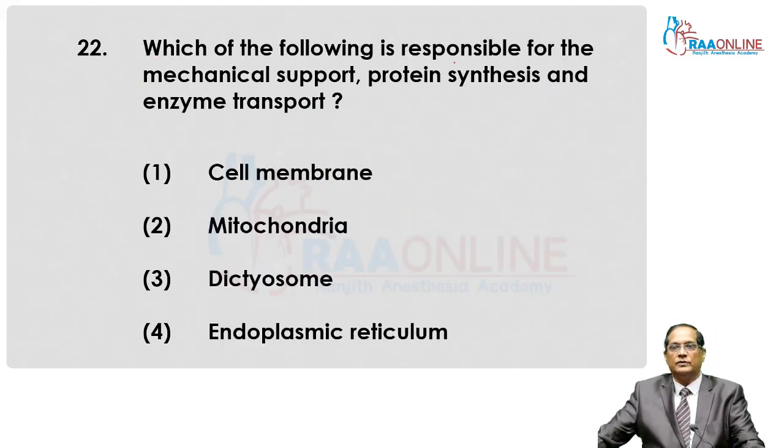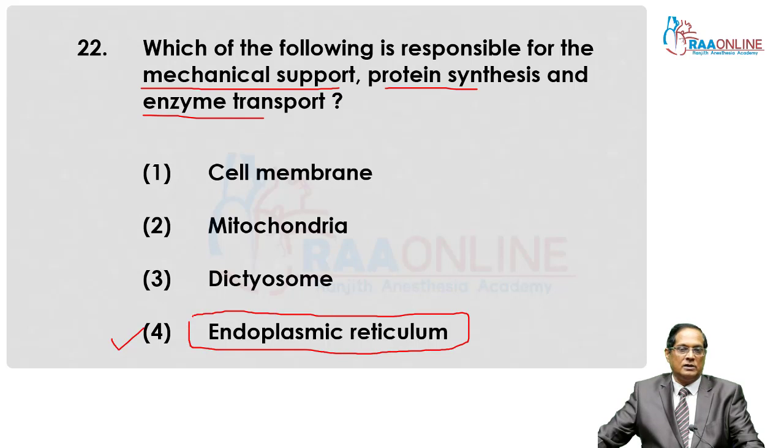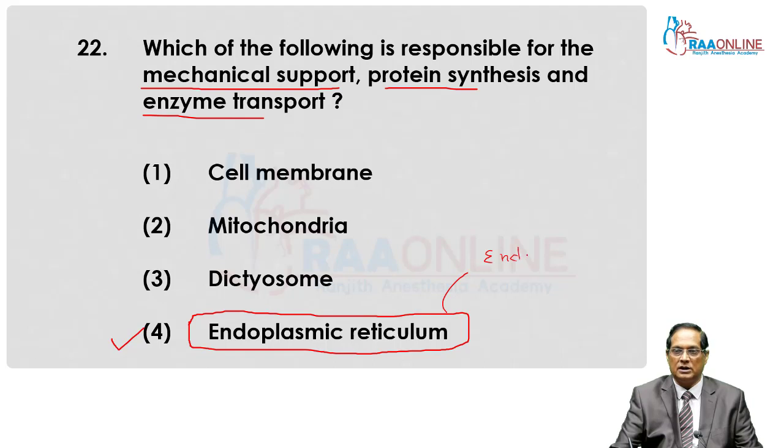22nd question. Which one of the following is responsible for mechanical support? Protein synthesis, enzyme transport. The best answer is endoplasmic reticulum. The endoplasmic reticulum is responsible for the formation of the endoskeleton within the cell and provides mechanical support also.